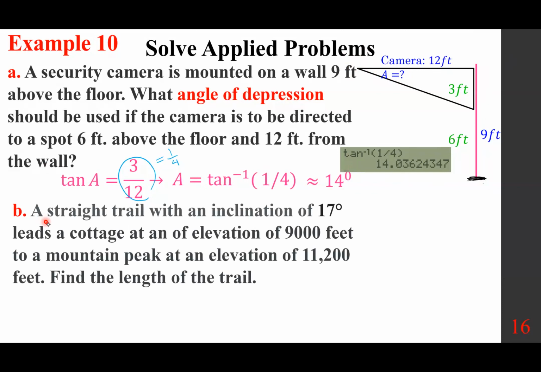Okay. A straight trail with an inclination of 17 degrees leads from a cottage at an elevation of 9,000 feet to a mountain peak at an elevation of 11,200 feet. Find the length of the trail. Okay, we try to draw the setting, okay?